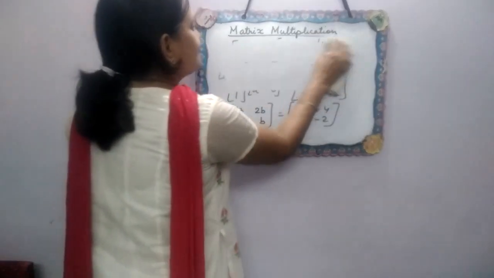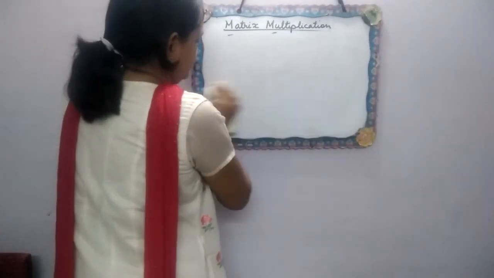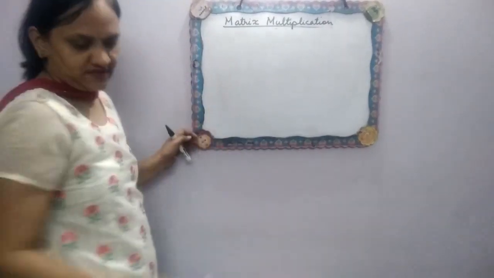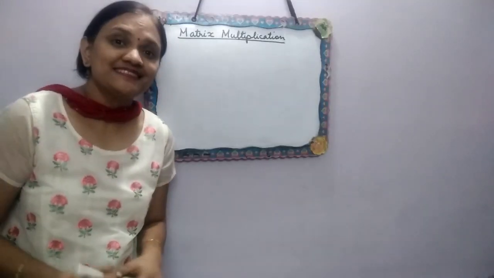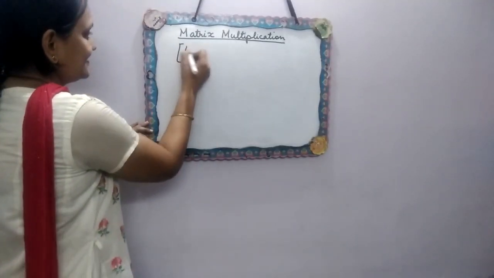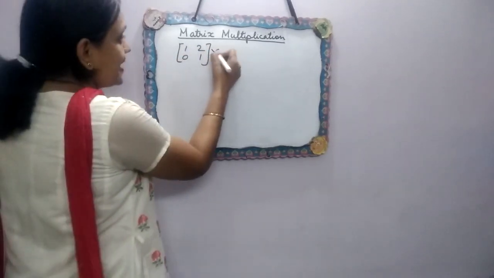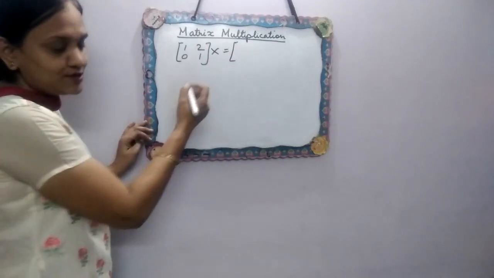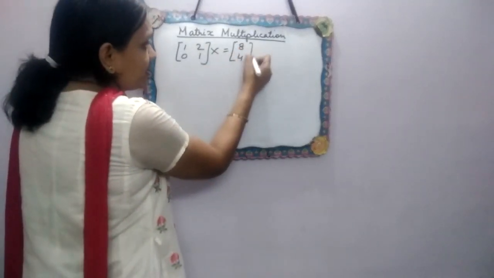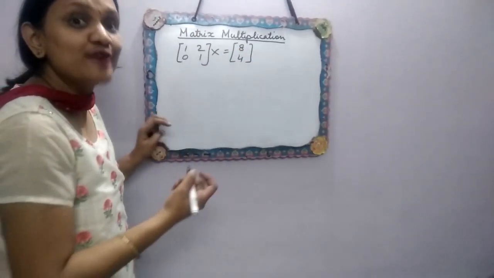Let's take another example on this. If it is given that this matrix into X is equal to 8, 4, how will we calculate the value of X?